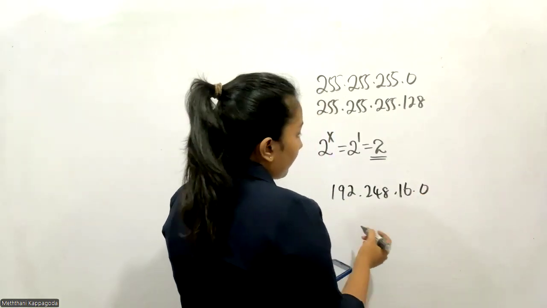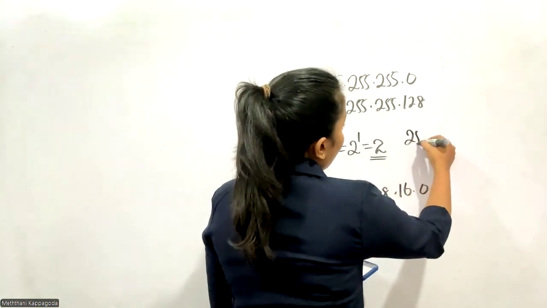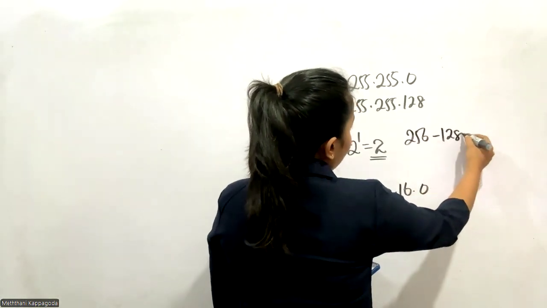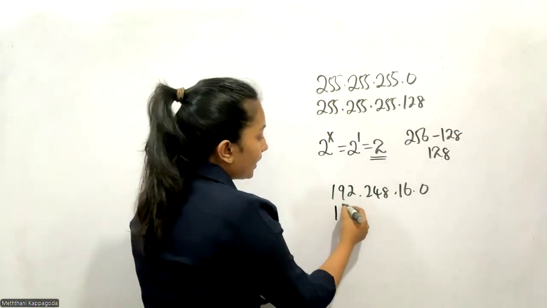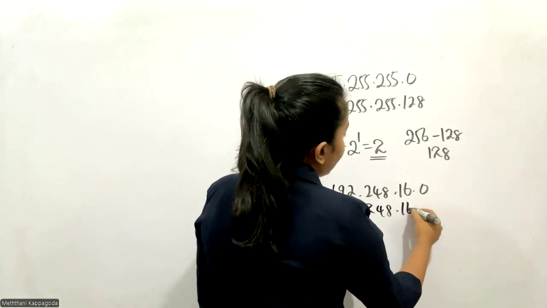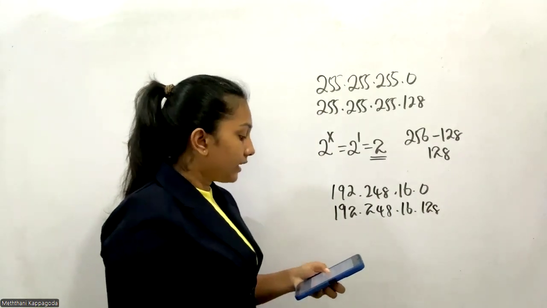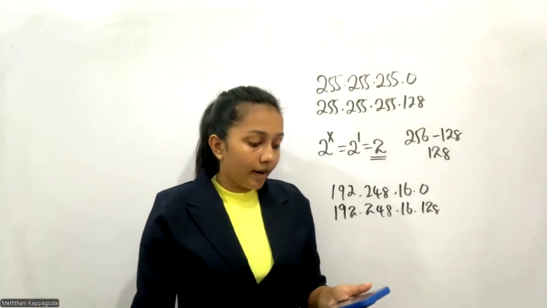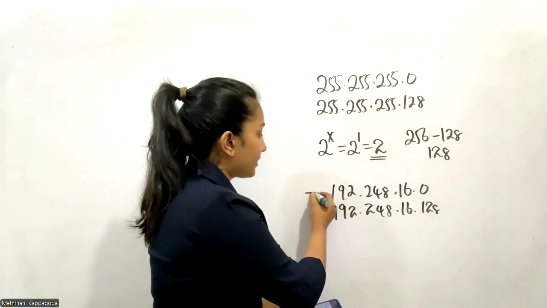192.248.16.0. Then to find the second one, you have to find the block size. The block size is 256 minus 128. Block size is 128. So the second network is 192.248.16.128. In the question, the given IP address 192.248.16.91 belongs to the first network.